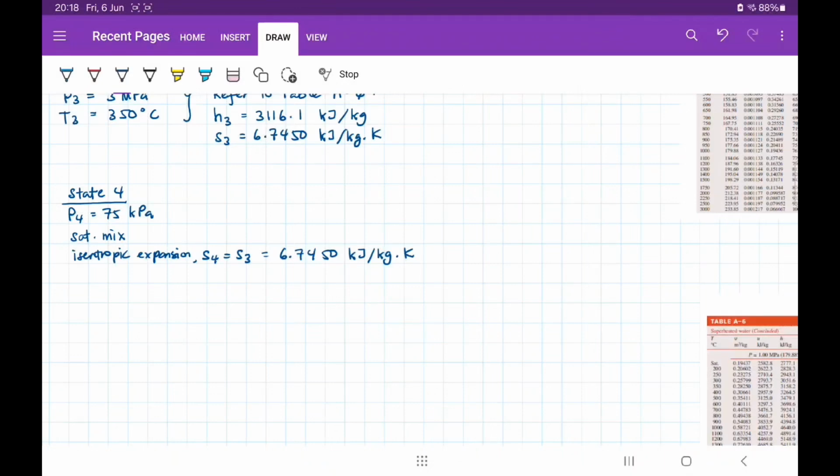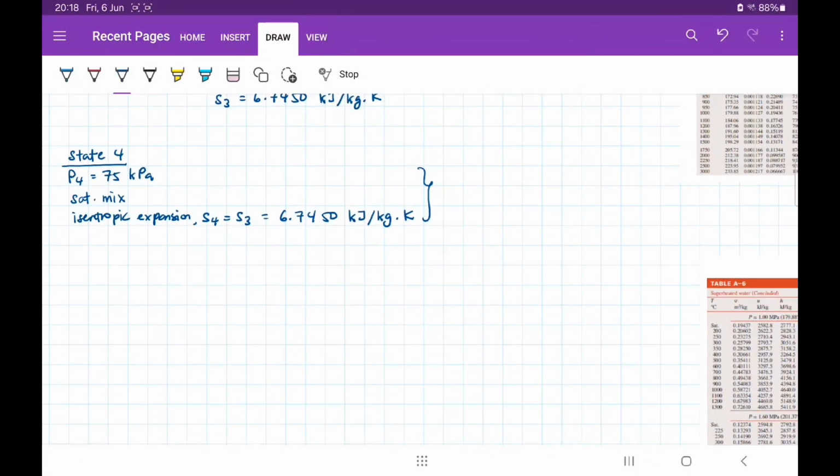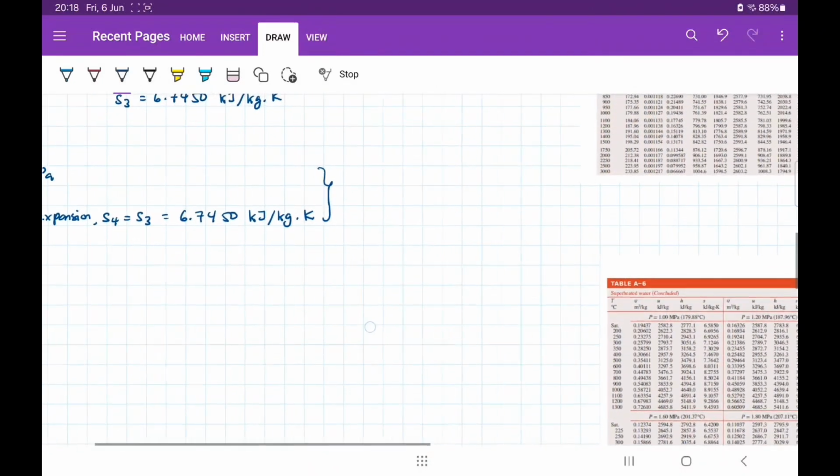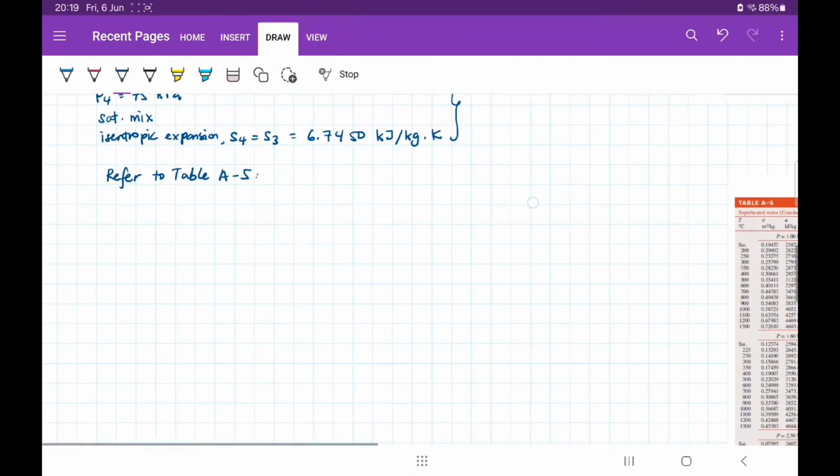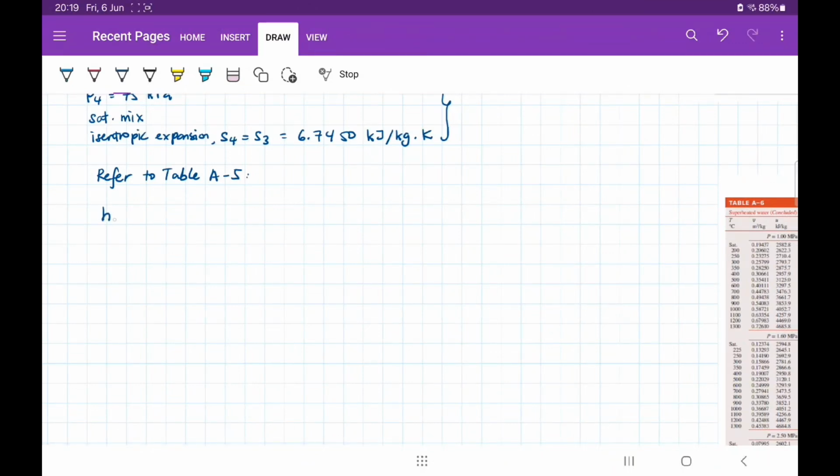Alright, so now since we have this information, we can use it to help us find our enthalpy. Because this is a saturated mixture and we have pressure, we need to refer to table A5. To find the enthalpy, we know that enthalpy at point 4 is equivalent to hf plus x hfg.